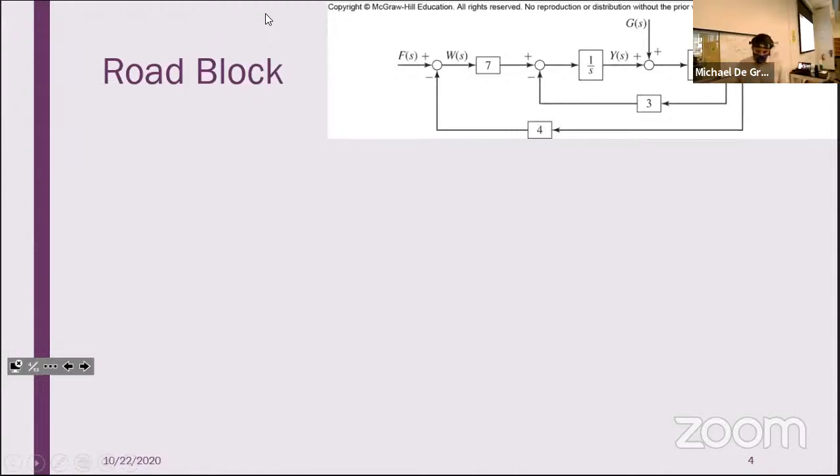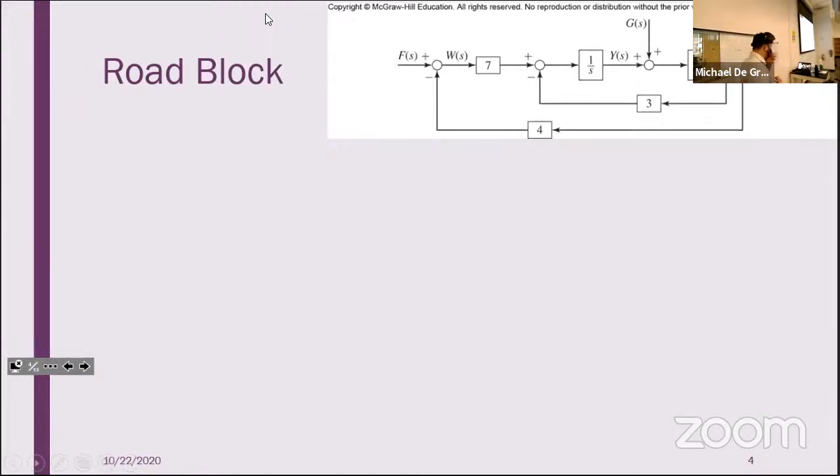Well, what we want to do here is determine what our equation for x of t is. Essentially, what I want to do is collapse this down and make a system-wide transfer function.